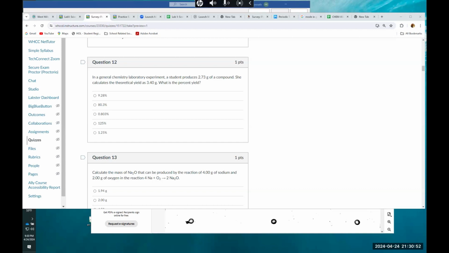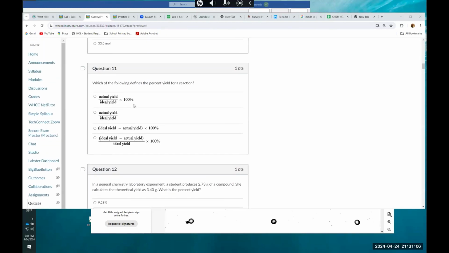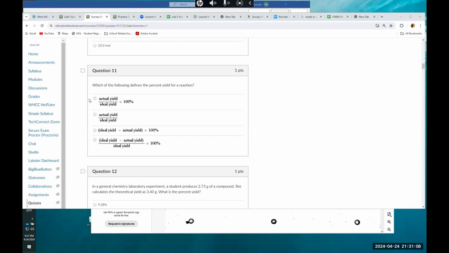Vicky, you had a question? Yes, my computer glitched and paused at number 11 where you circled the answer. So the answer would be actual yield over ideal yield times 100.